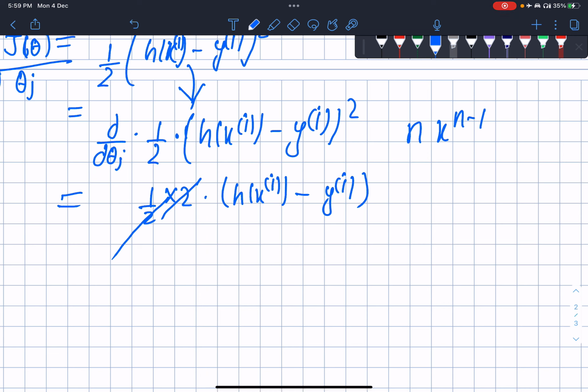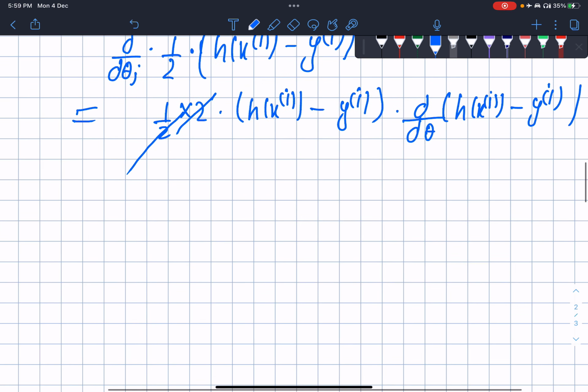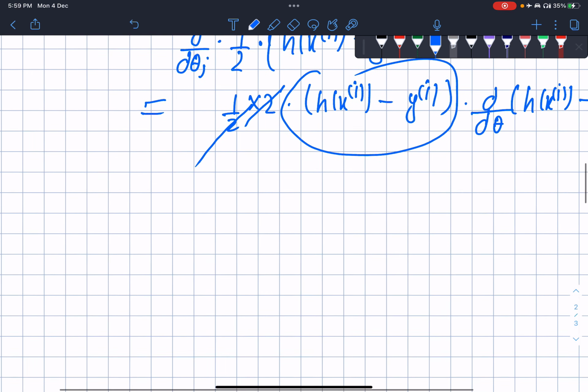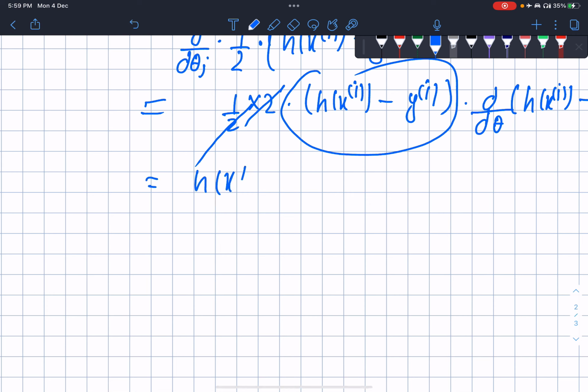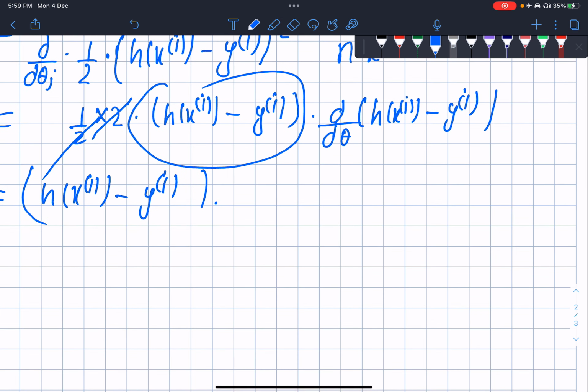Now, according to the chain rule, we multiply by the derivative of h of x of i minus y of i. So the term we get is h of x of i minus y of i, times the derivative of h of x of i minus y of i with respect to theta j.